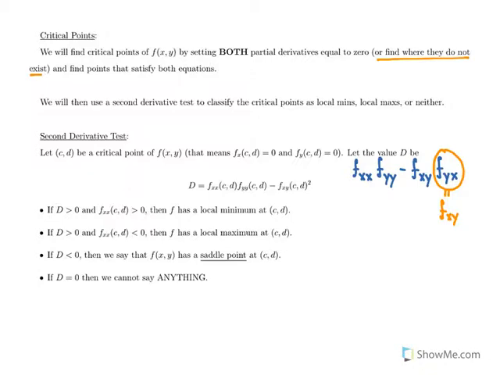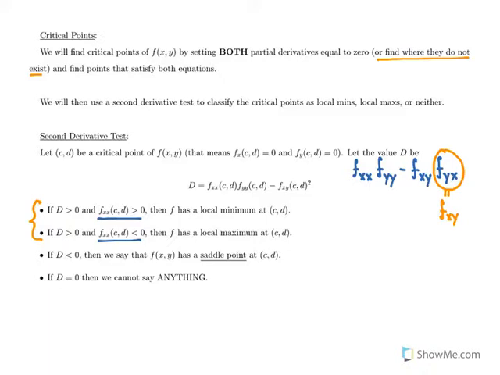We know that if D is greater than 0, it's positive, then the function is going to have either a local min or a local max at that point. And to determine if it's going to be a min or max, we do the exact same thing we did for the first derivative test, and that is we look at the partial derivative with respect to x only, this fxx.